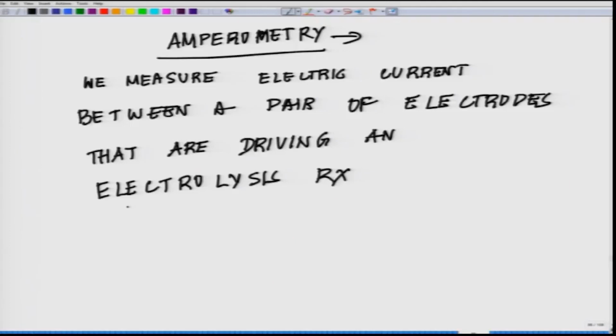So, now we are talking about the current measurement, and interestingly, the measurement of dissolved oxygen is being done by an amperometric technique which is called the Clark's electrode. Okay.